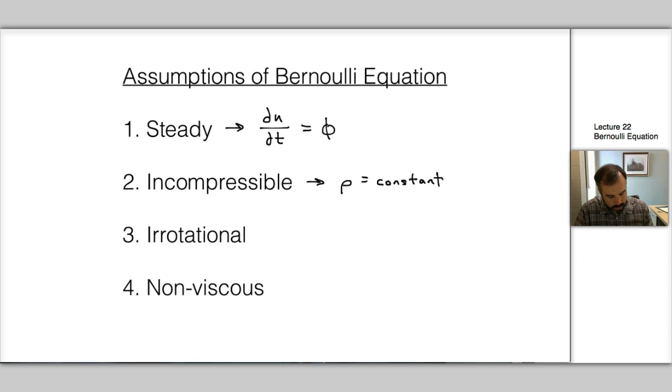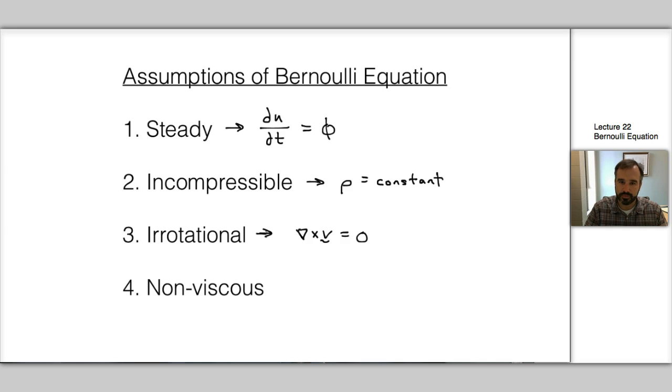Okay. The third assumption is that the flow is irrotational. Irrotational means that del cross V is equal to 0. What that means is that there's no rotation in the fluid. And if there's no rotation, there can be no shear, and the viscous forces aren't present.